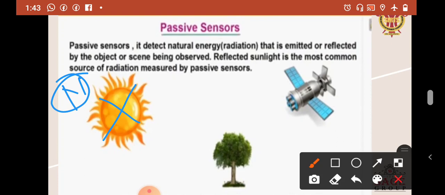Then the tree can neither absorb sunlight or energy, nor can the tree reflect anything. Then the sensor is not able to sense or detect anything about the object or tree at night, because a passive sensor has no own light or energy source.